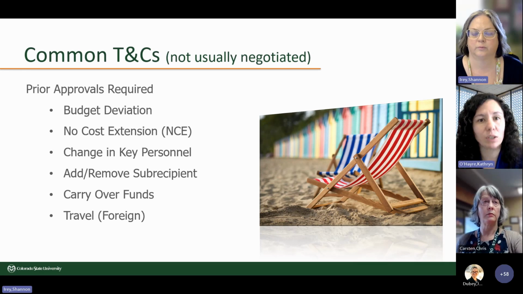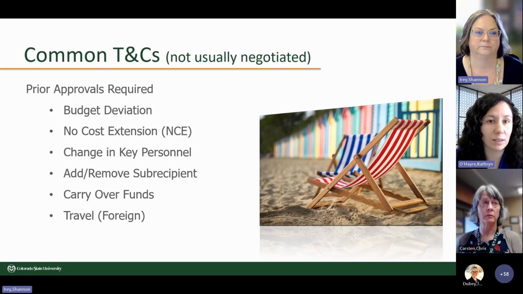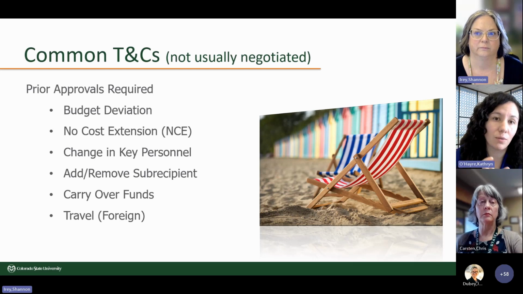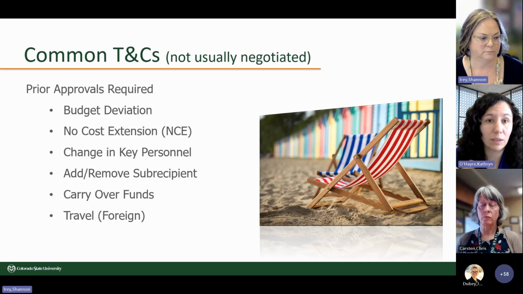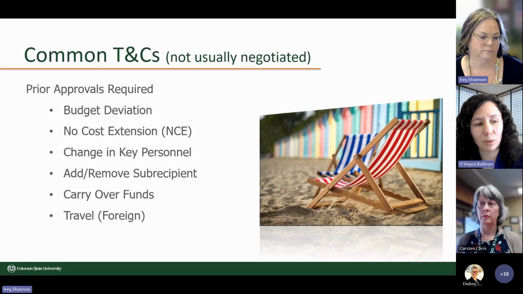I've also had foundation sponsors that said we can only carry over 5,000 between years. So if we had 10,000 left at the end of the year, we either needed to request a no-cost extension for that period or leave 5,000, send it back to the sponsor, and only send 5,000 on to the next year. So if you have carryover, it's not just federal. Make sure that you're reading your award and catching that one.